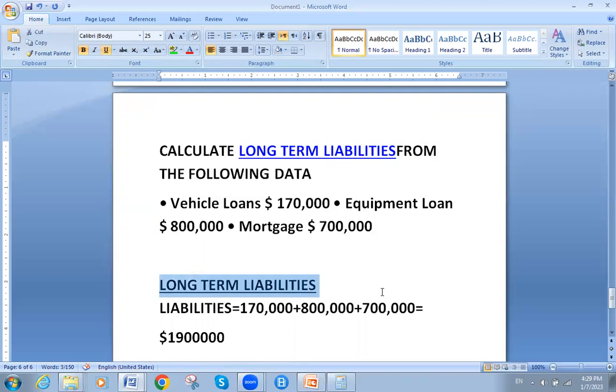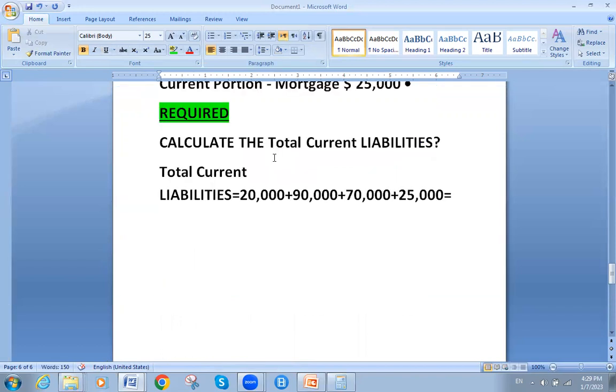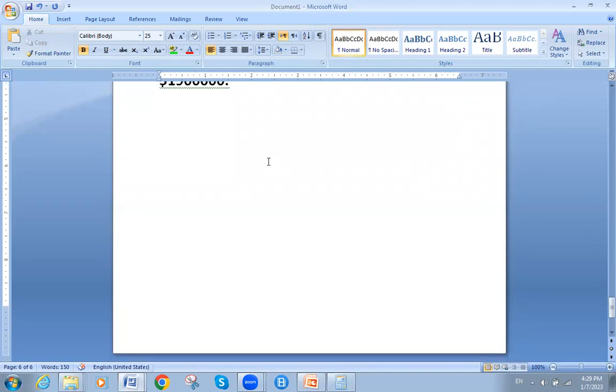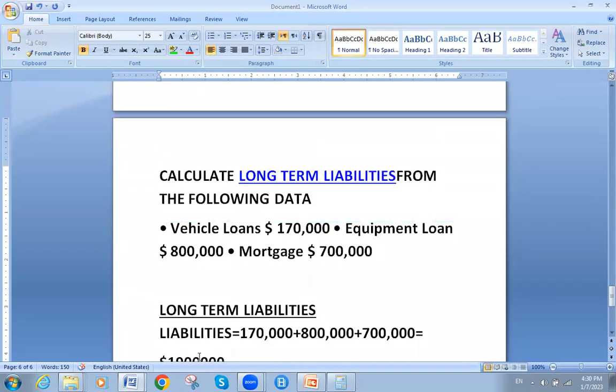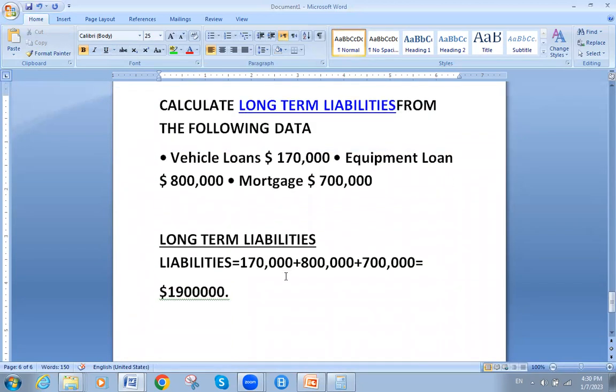Here we go. These are the points. This is the long-term liabilities, which, like I said, is 170,000 plus 800,000 plus 700,000. That will be 1,900,000.